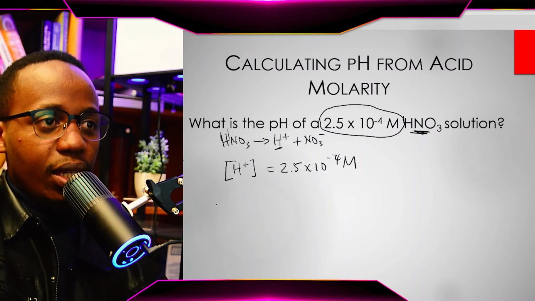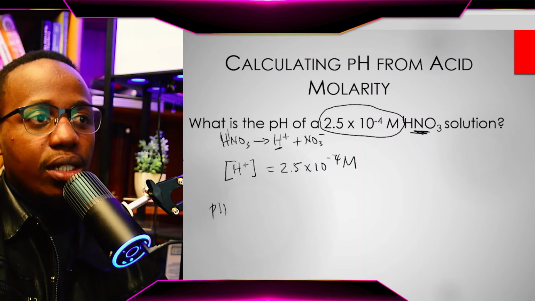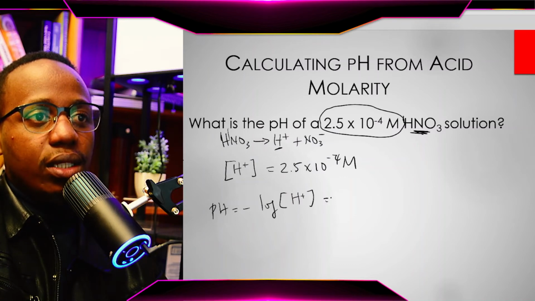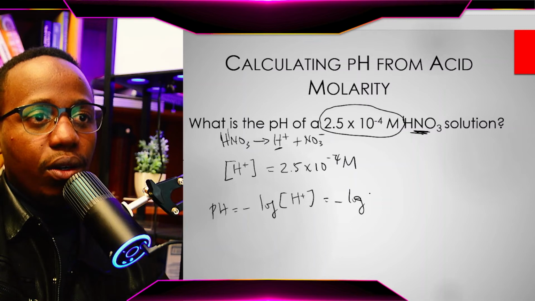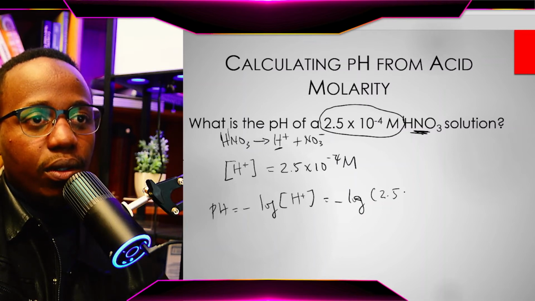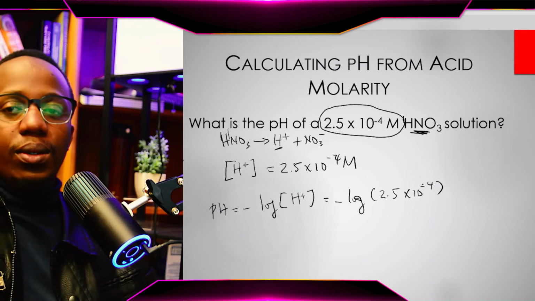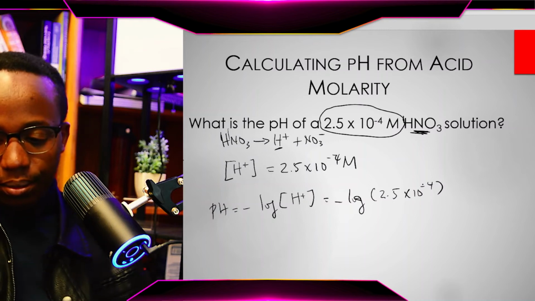So what's the pH? The pH is equal to the negative log of the H plus concentration. This is equal to negative log of 2.5 times 10 to the negative 4. All right, so you just do this in your calculator.